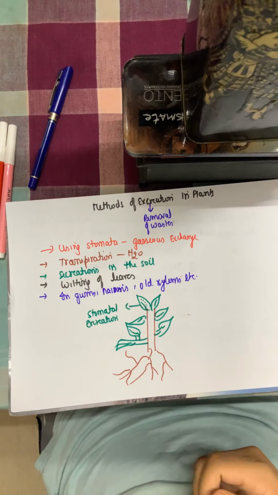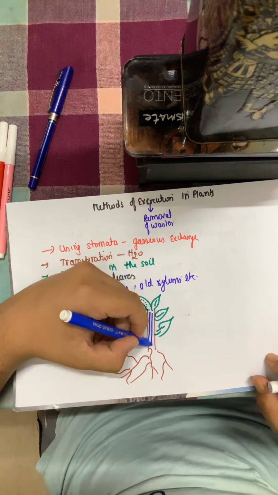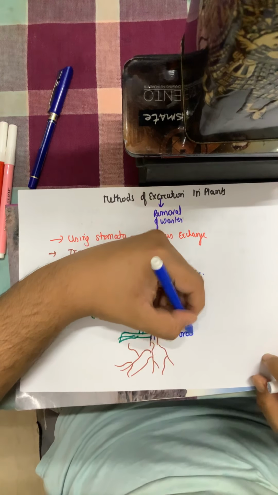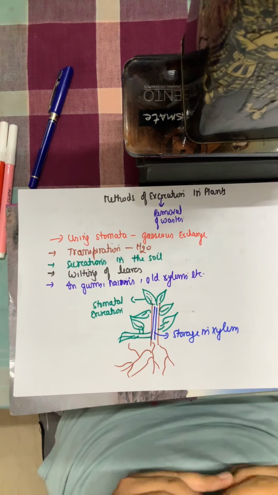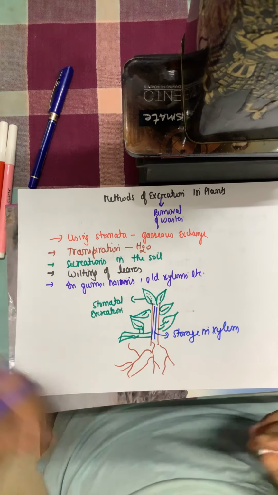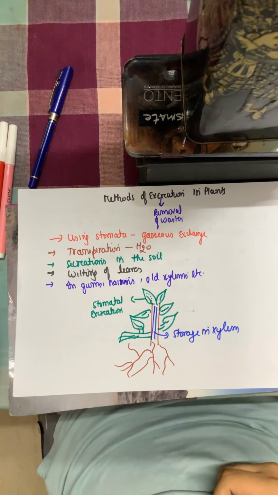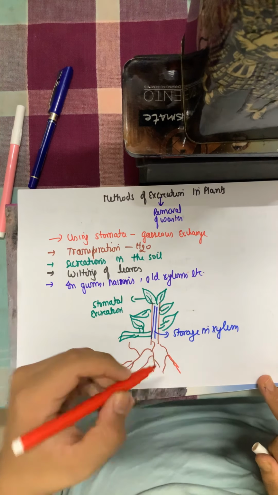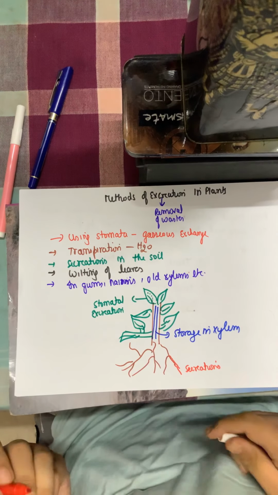Inside this stem, we have xylem and phloem, the vascular tissues of the plant. So here storage in xylem will happen, this last point, and gums and raisins and other products will also get formed. From the roots, the plants will emit secretions to the soil.